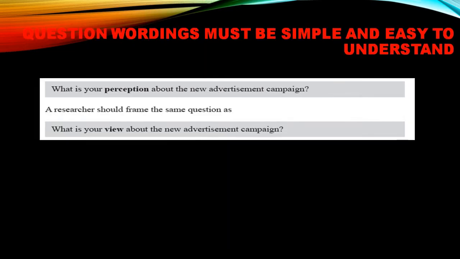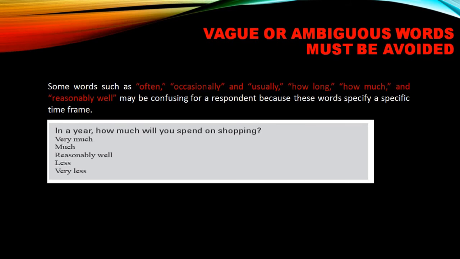Moving ahead, next thing, question wording must be simple and easy to understand. These steps are repeated and explained in great detail with examples, so you can pause the video and get into the examples. This is vague or ambiguous words. When you say very much, much, reasonably well, less, very less, these are again very confusing words.